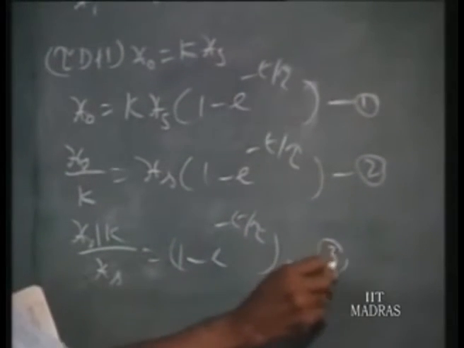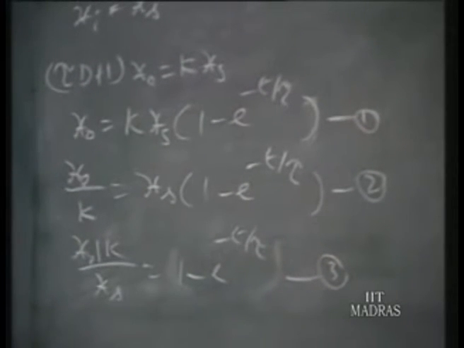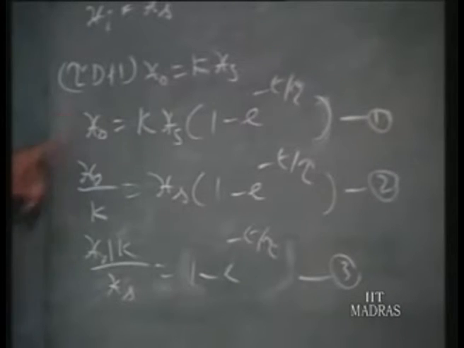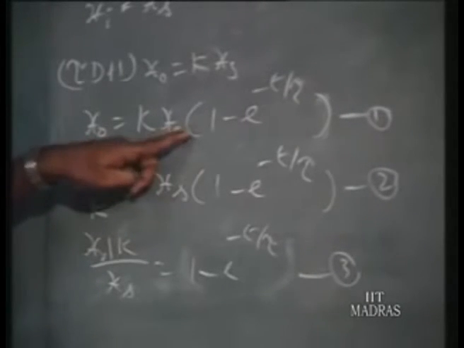This is equation 3. No bracket is required, only two terms. So the same equation is given in three different forms. Mathematically there is no difference, but in measurements each represents something different. XO is the output signal itself.